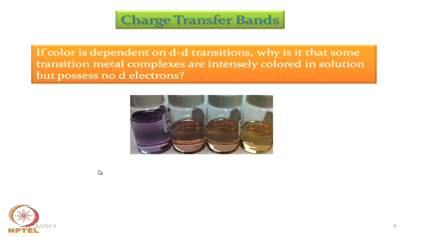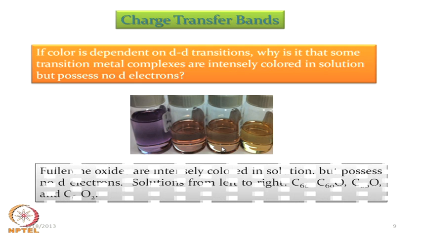Not only potassium permanganate, there are also some compounds where the metal is not present. These are solutions which are colored, not colorless. We definitely have some such transitions, like the fullerene oxides, which are very light yellow to pink in color.